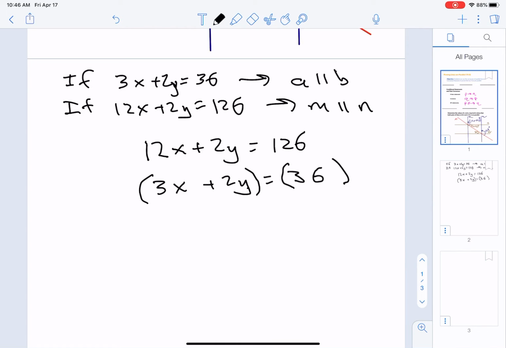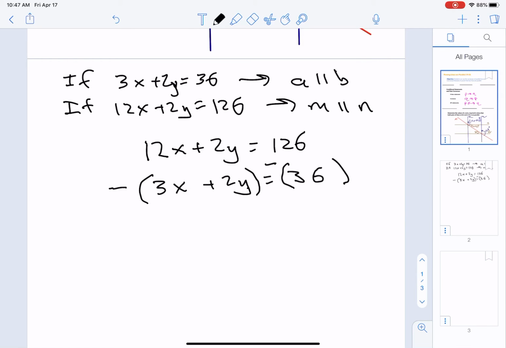And so if we subtract 3x plus 2y from the left side of the first equation, and subtract 36 from the right side of the first equation, then by logical deduction, we're going to end up with a true statement. And so let's go ahead and do that.